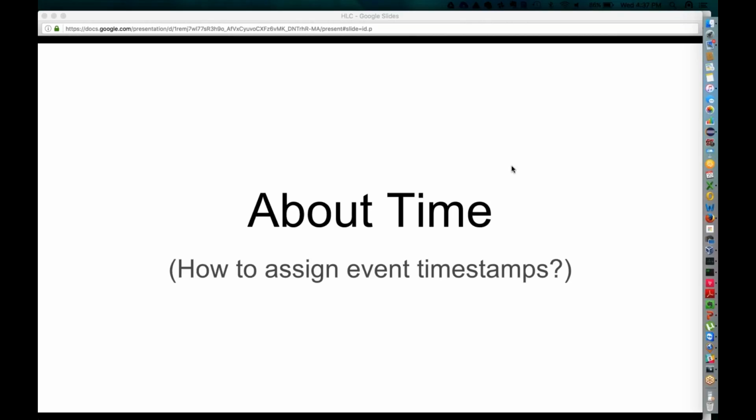You get back a 64-bit long, and then you associate your event with that number. Subsequently, if there's another event and you get a new timestamp, you can look at these numbers and order the two events.